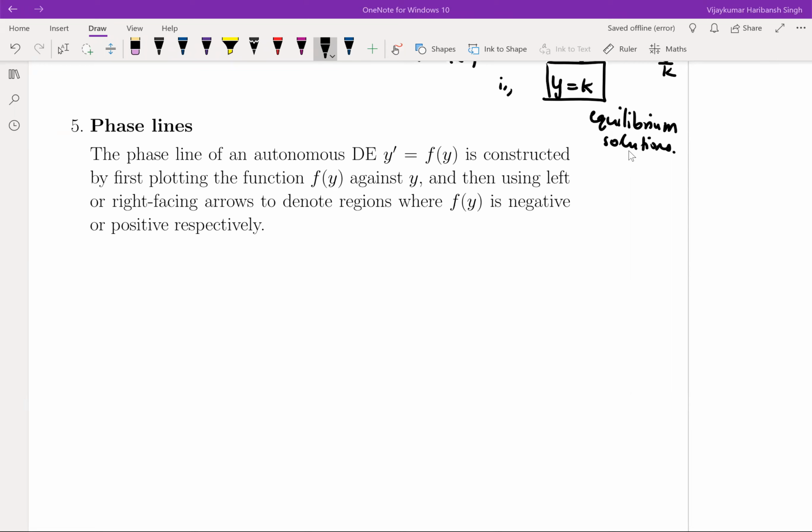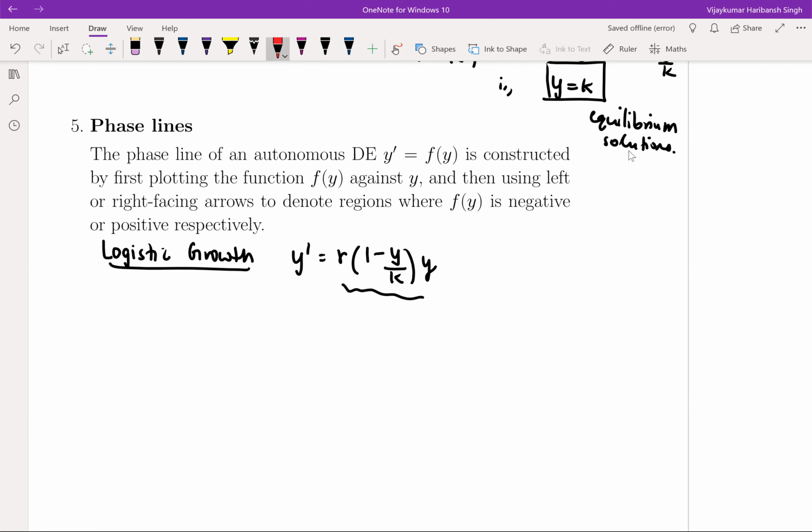So for logistic growth, we have y prime equals r times 1 minus y over k times y. So this is your f of y. So it's a quadratic equation in y, so it is a parabola.